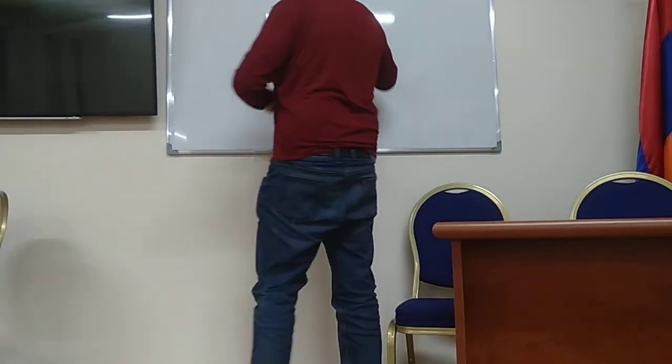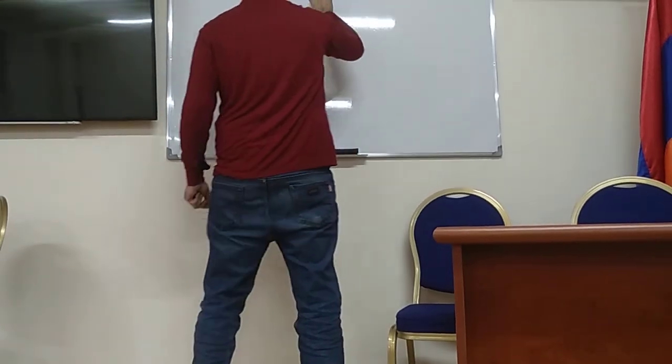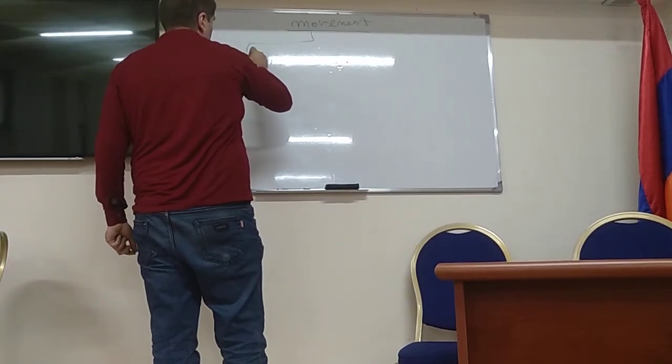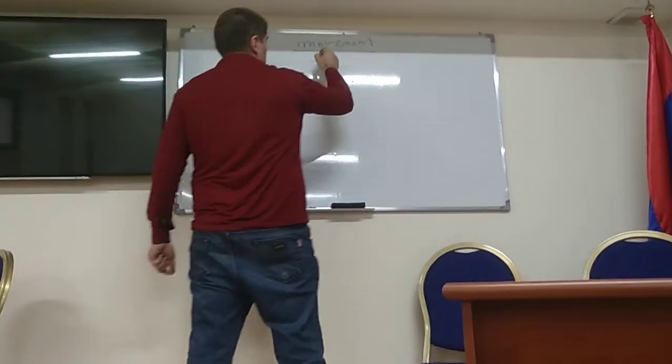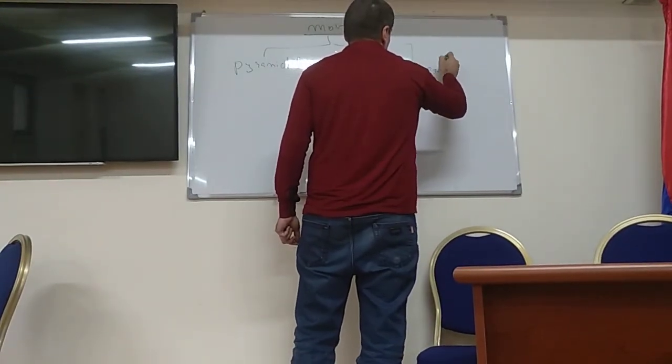So we can divide the movement system into two big parts: voluntary and involuntary movement, which are made by the pyramidal system and the extrapyramidal system.